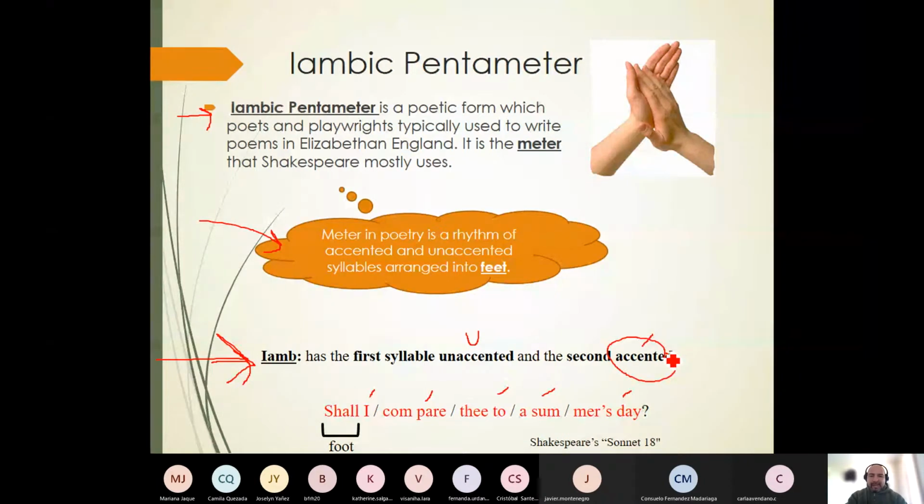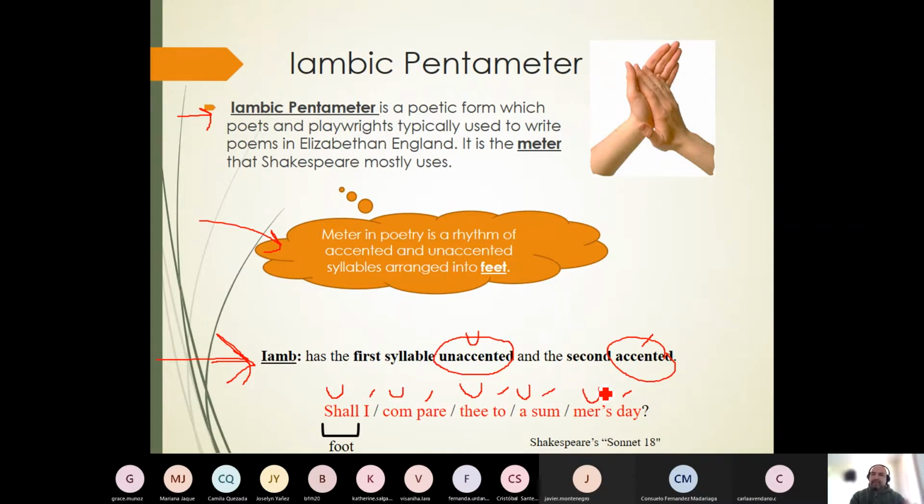Shall I compare thee to a summer's day? Okay, and therefore the other syllable is going to be the unstressed or unaccented one. So shall is going to be unaccented, I, the, and day. That's going to be the unaccented syllable.